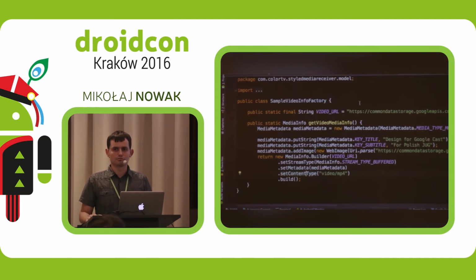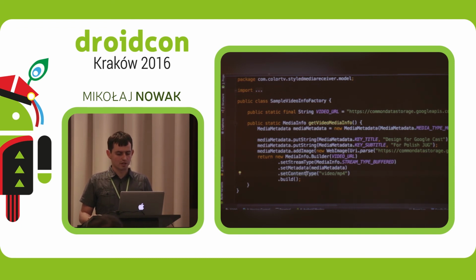As I mentioned, if you want to use media receivers, we need to use an object which is prepared by Google. It is a MediaInfo object. We are building it with a builder to which we pass in the constructor a URL to our media.